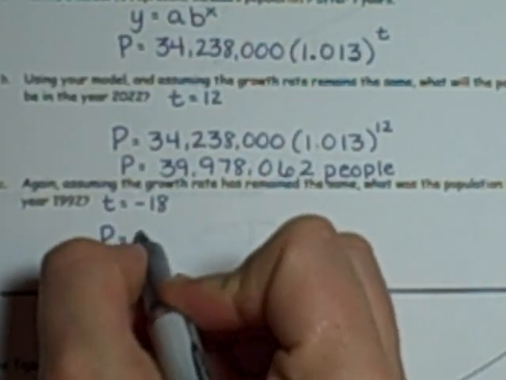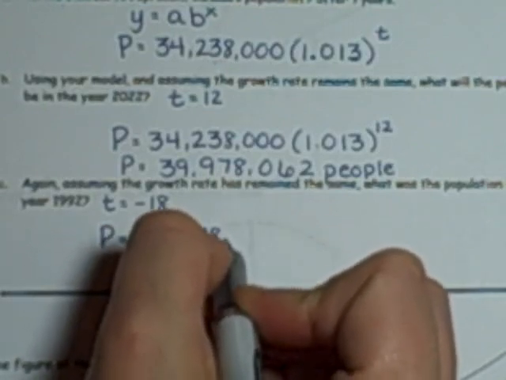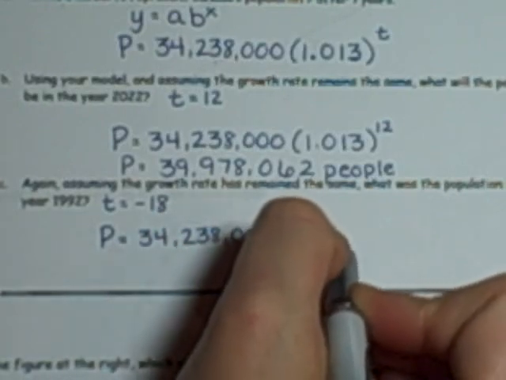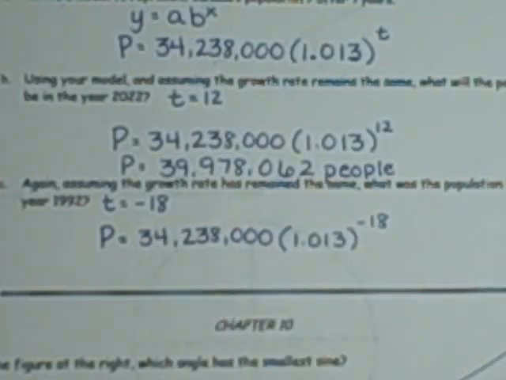Okay, so let's put negative 18 in place of t, just like I did before. So my population is going to be 34,238,000 times 1.013 to the power of negative 18. And let me just type that away real quick.